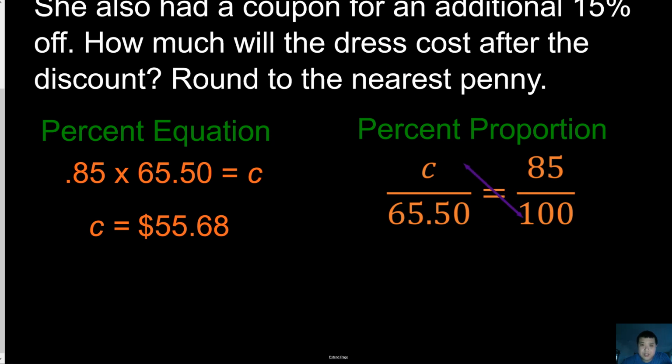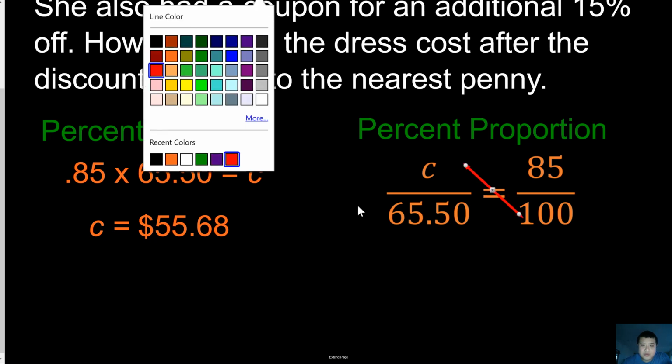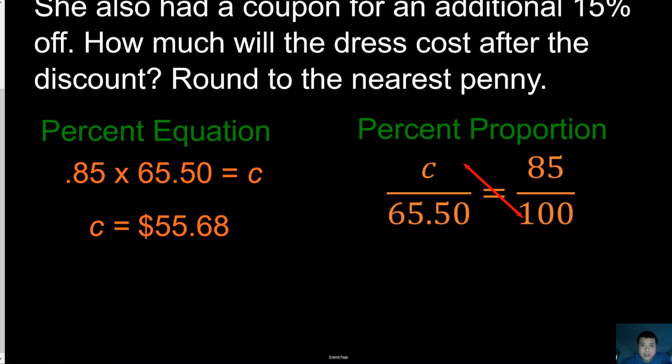Let's do red just to keep it consistent. We're going to do cross multiplication in red because we like to keep things consistent. And as a result, we get 100C equals 5,560.5.